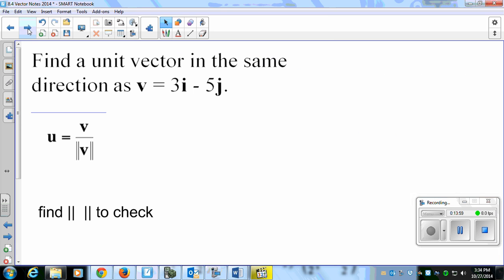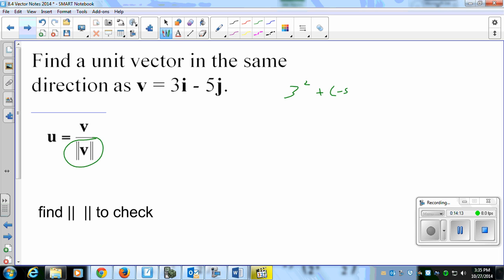So an example of walking through this here. First thing I have to do is calculate my magnitude. So I have 3 squared plus -5 squared, square rooted. So I have the square root of 9 plus 25, which equals the square root of 34.